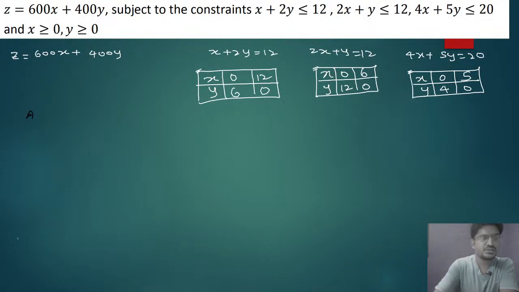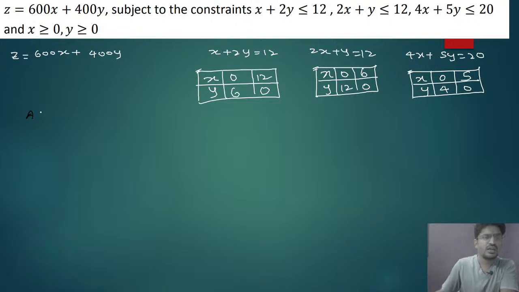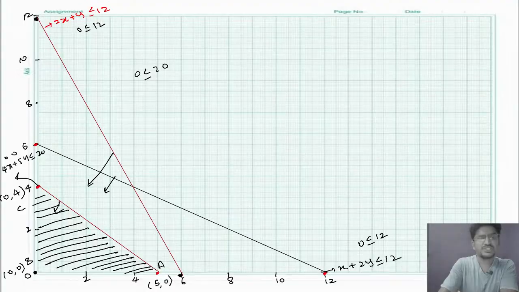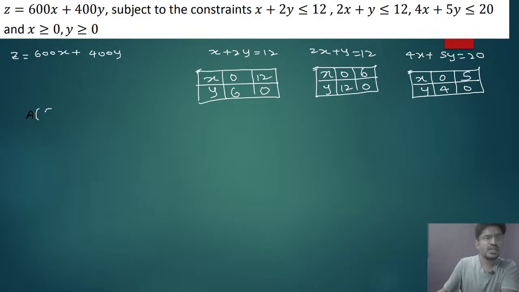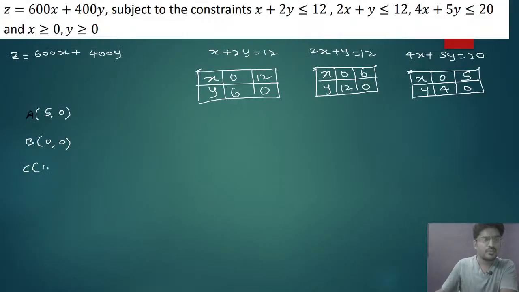Here no need to solve the equations. Point A is 5, 0. Point B is 0, 0. And point C is 0, 4. And the equation of Z is equal to 600x plus 400y.